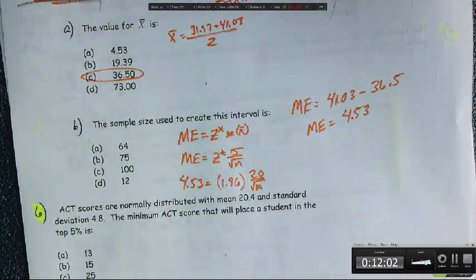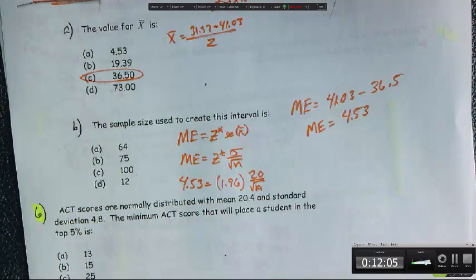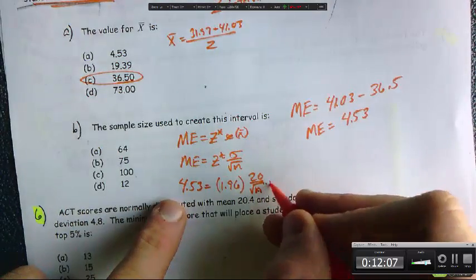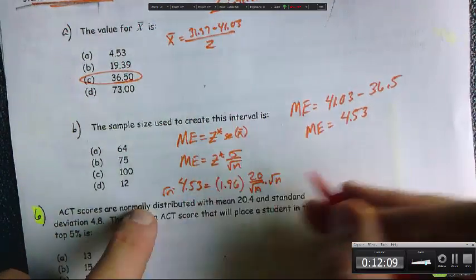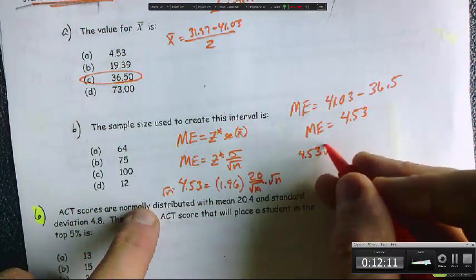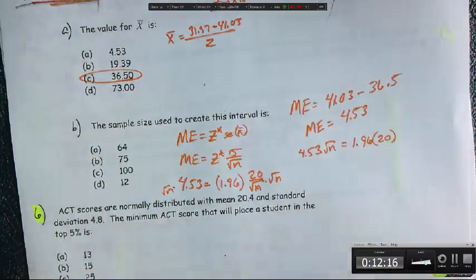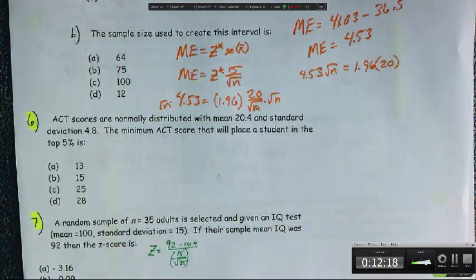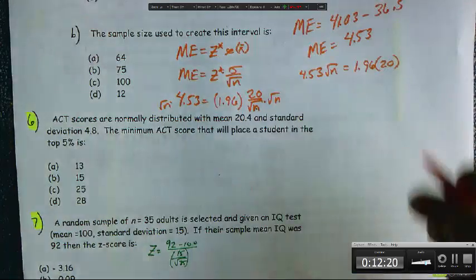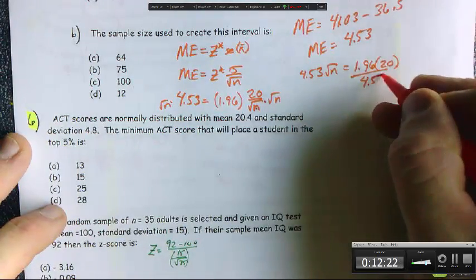Move the radical n over. 4.53 radical n is equal to 1.96 times 20. Divide the 4.53 over.